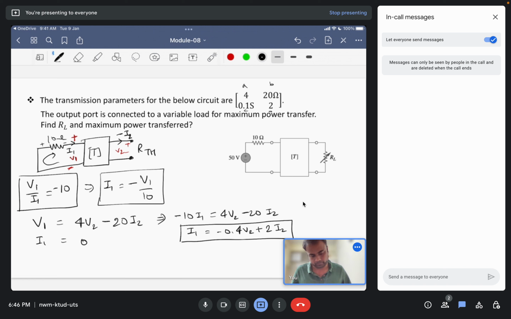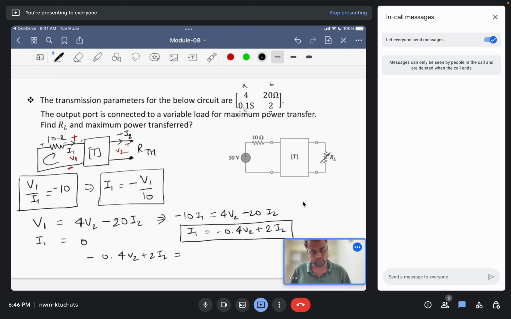In the second part, minus 0.4 V2 plus twice I2 is I1. We write I1 in terms of the ABCD parameters.